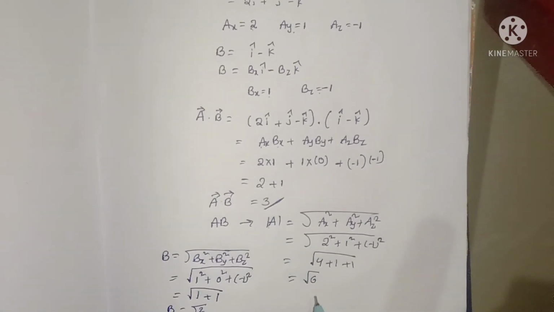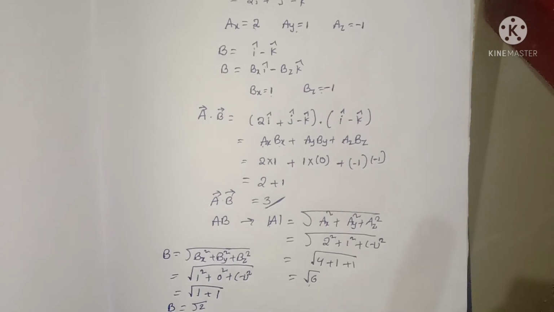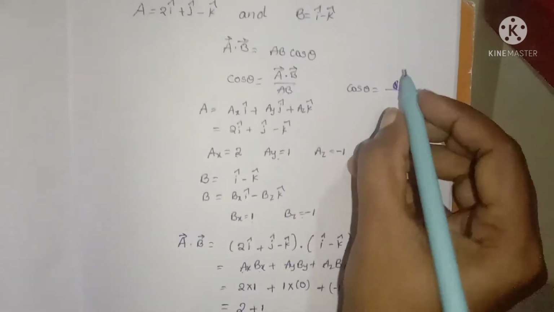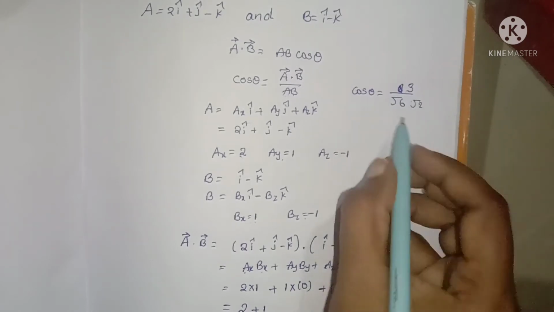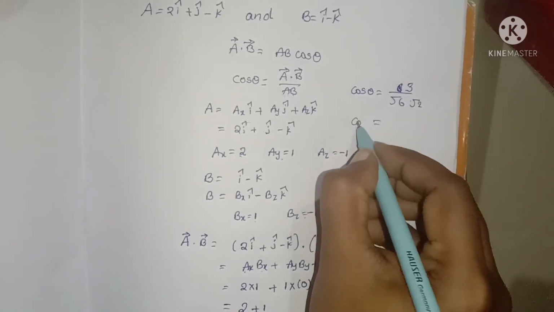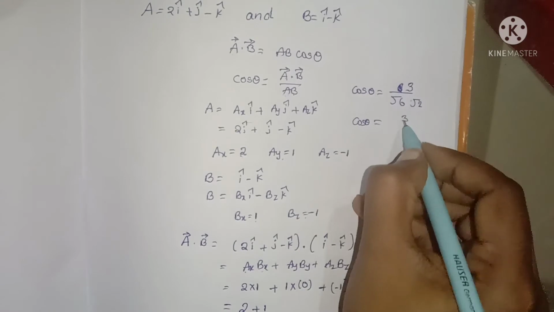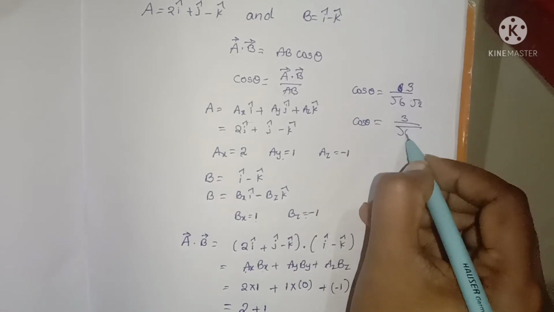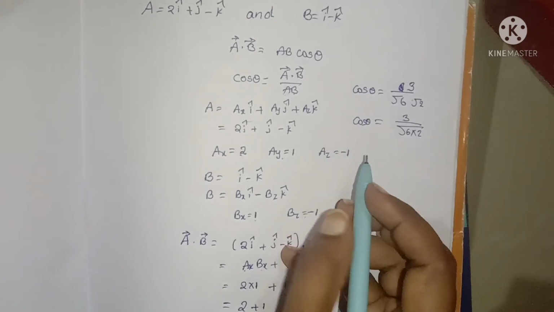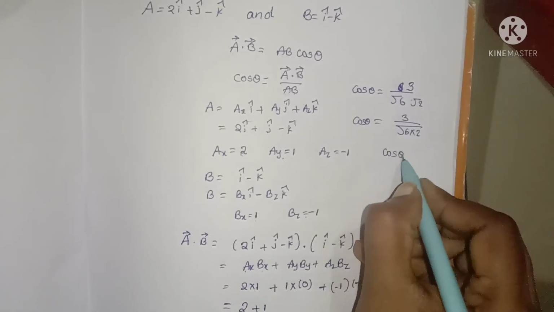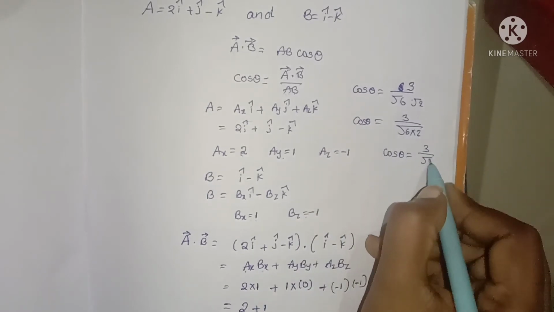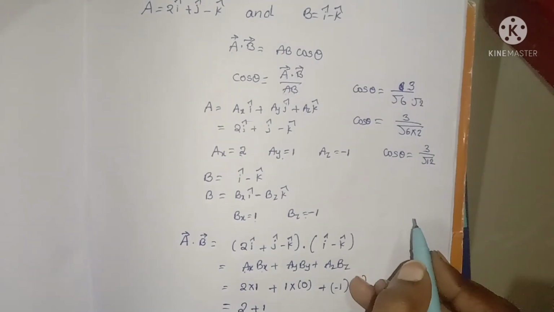Magnitude of A is root 6, and B is root 2. Then cos theta equals 3 by 6 into 2. 6 twos are 12. So cos theta equals 3 by root 12.